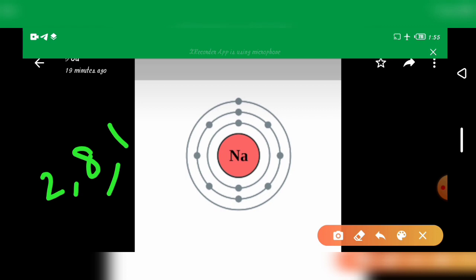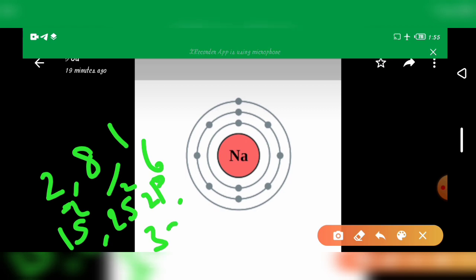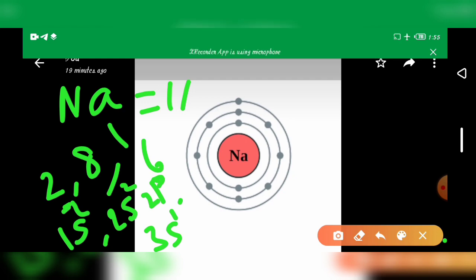So you have to write 1s2, 2s2, 2p6, after that 3s1. This is the electronic configuration of sodium: 2, 8, 1. How will you calculate the atomic number? 2 plus 8 plus 1, how much? 11. So the sodium atomic number is 11, that is 11 electrons and 11 protons.